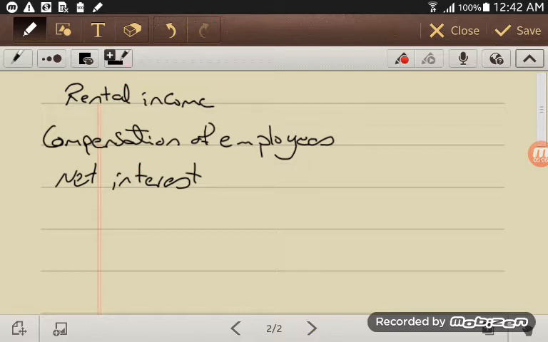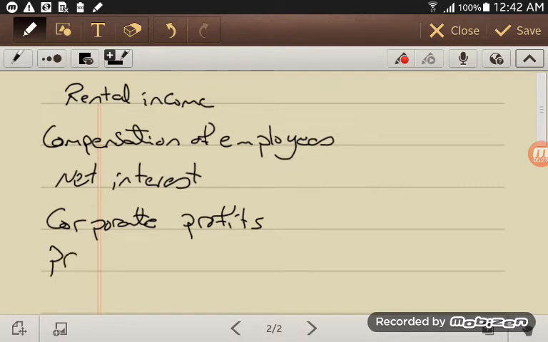But here we have to differentiate between whether it is a corporate or sole proprietorship. So it will be corporate profits and proprietor's income. So these are returns to factors of production.